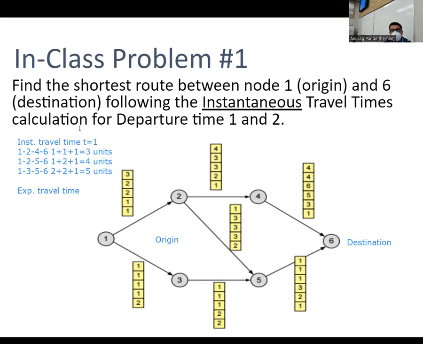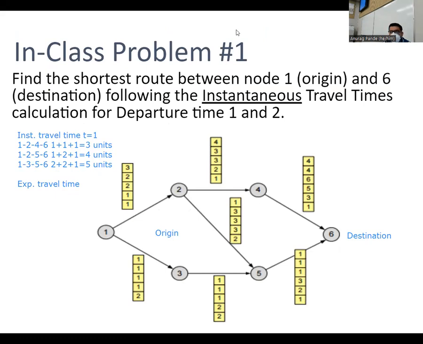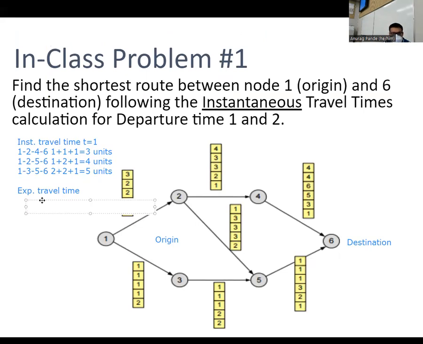Very good. So I'm trying to do the experience travel time now. And I'm going to start at t equal to, sorry, t equal to 1 rather.